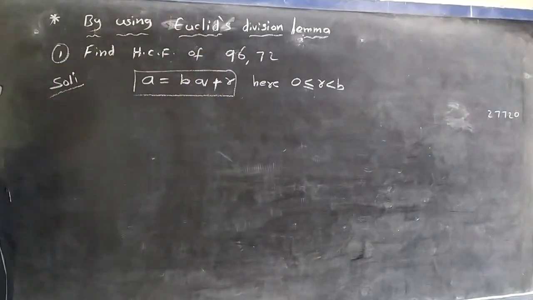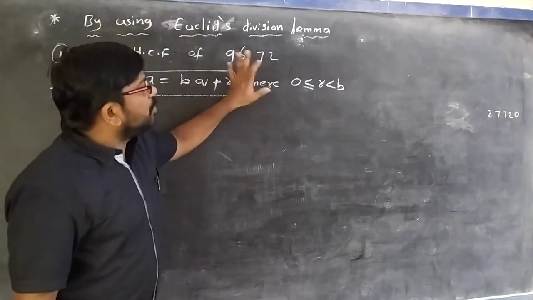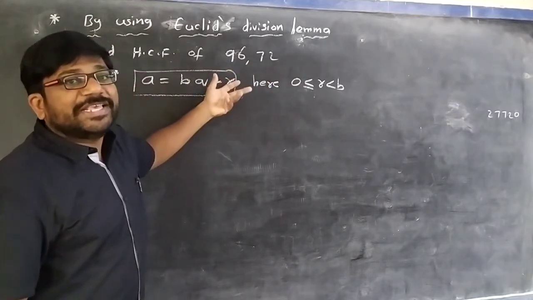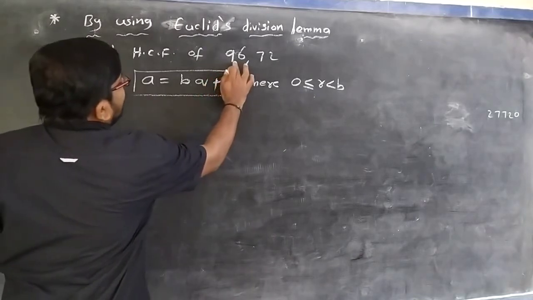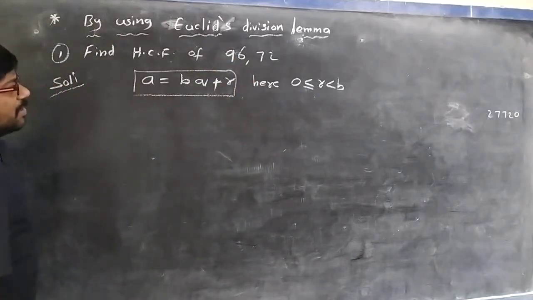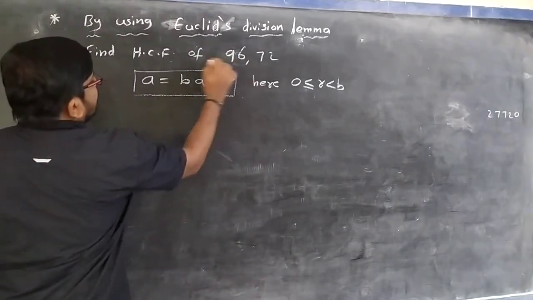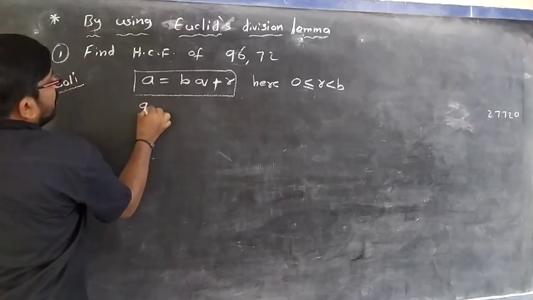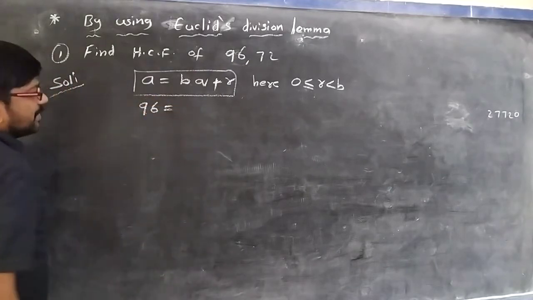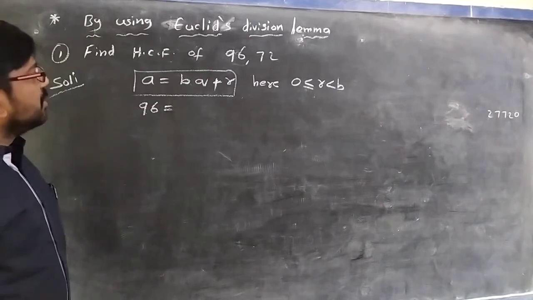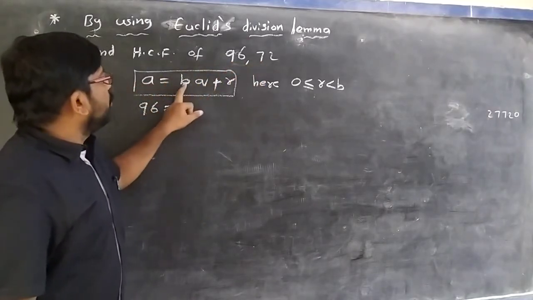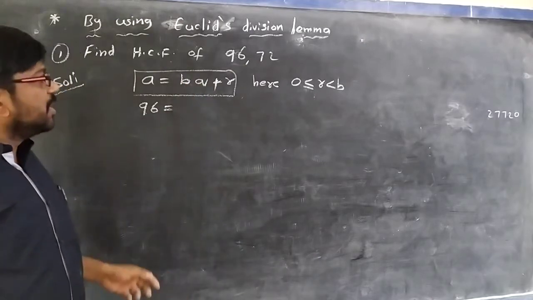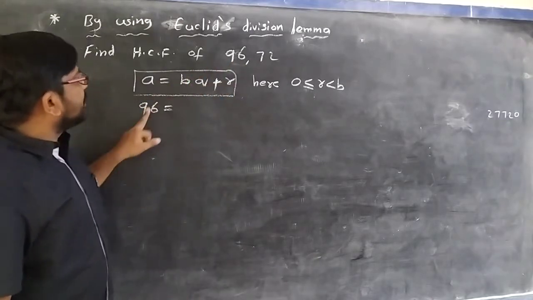First of all, of these two numbers, which is the greatest, the highest? 96. So here 96 can be written as, observe carefully, we take a equals 96 and b equals 72.